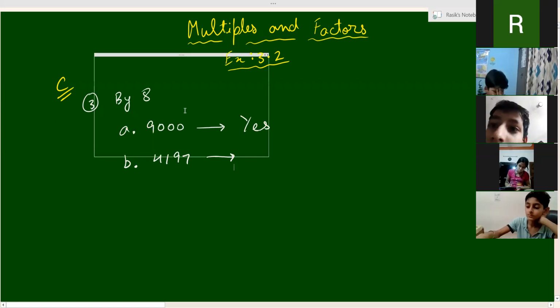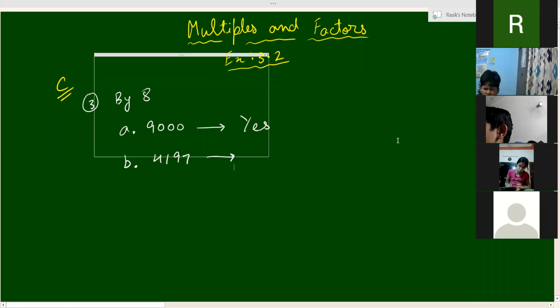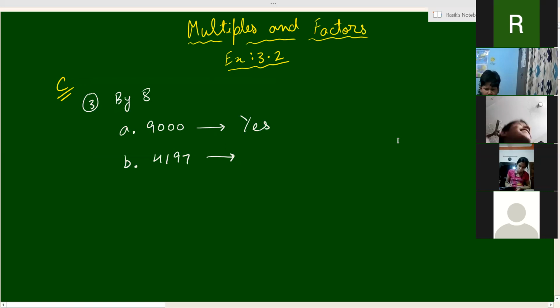No. Amy? No, sir. Absolutely correct. The answer is no, because odd numbers are never divisible by 8. So therefore the answer is no. Understood?